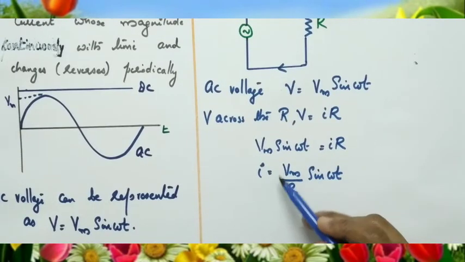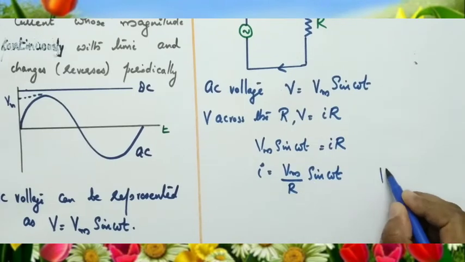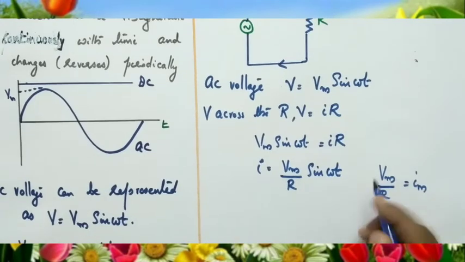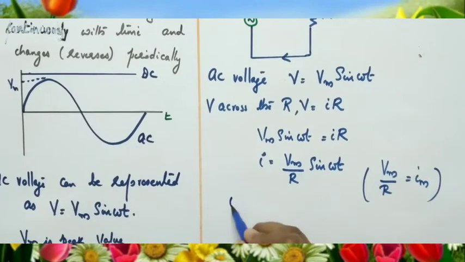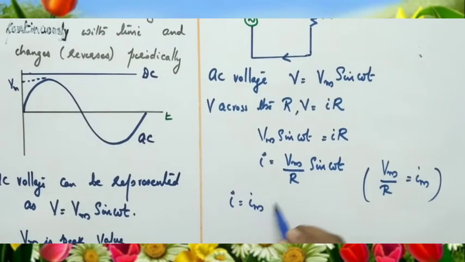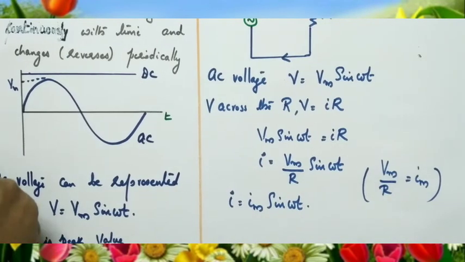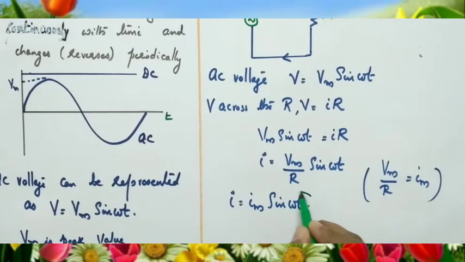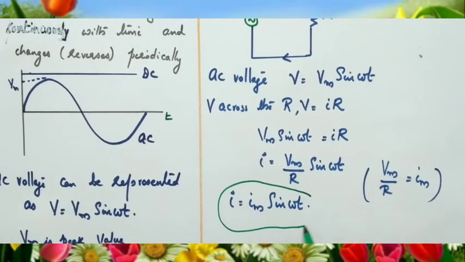What is this voltage by resistance? Peak value of voltage by resistance is the peak current. So Vm divided by R equals Im, the peak value of current. Hence we can write current I equal to Im sin omega t. So when AC voltage is connected to a resistor, voltage is Vm sin omega t and the current is I equal to Im sin omega t.